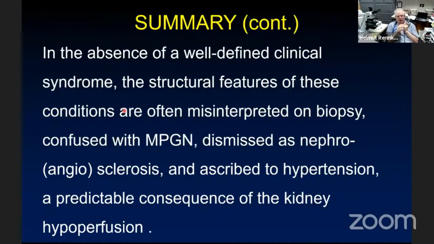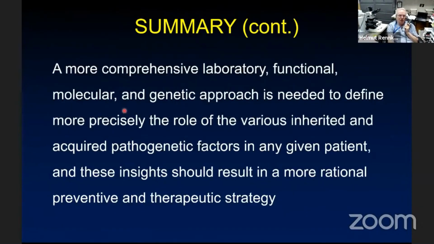In the absence of these well-defined clinical syndromes, and I may add that this is probably the majority of patients who don't have an acute presentation at any given moment, these structural features of these conditions are often misinterpreted on biopsy, confused with MPGN because of the double contour pattern, dismissed because of the clinical history as nephroangiosclerosis, and ascribed to hypertension, a predictable consequence of the kidney hypoperfusion, as physiologists have told us.